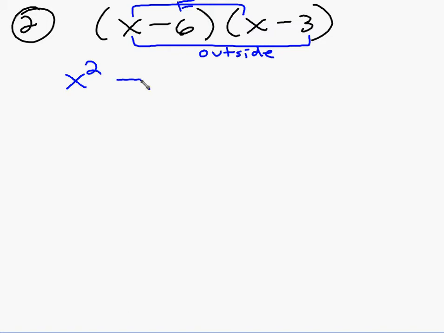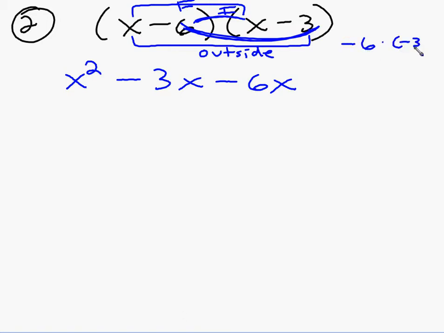Negative 3x. Then we need to multiply my inside terms together. What will that be? Negative 6x. And then we need to multiply the last terms together, which is negative 6 times negative 3. What is negative 6 times negative 3? It's positive 18. A negative times a negative is a positive.